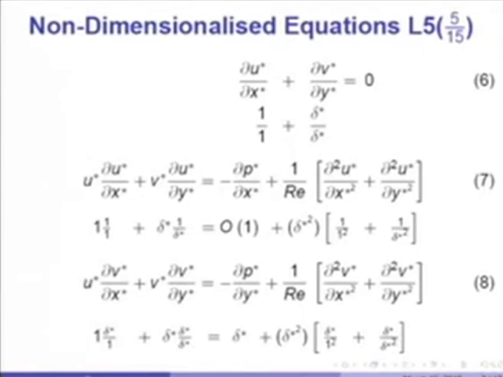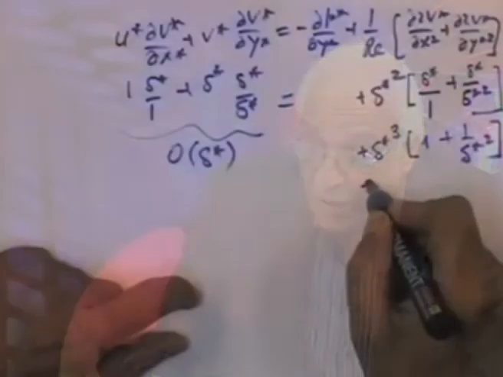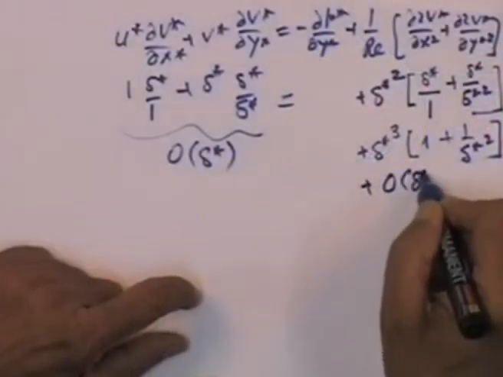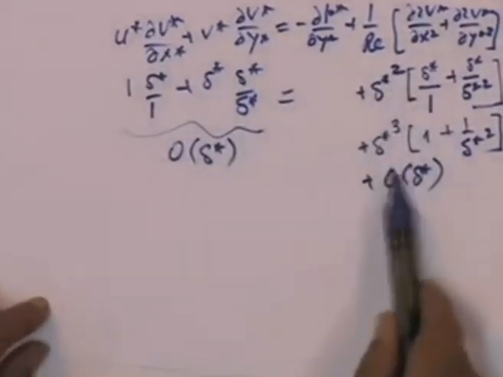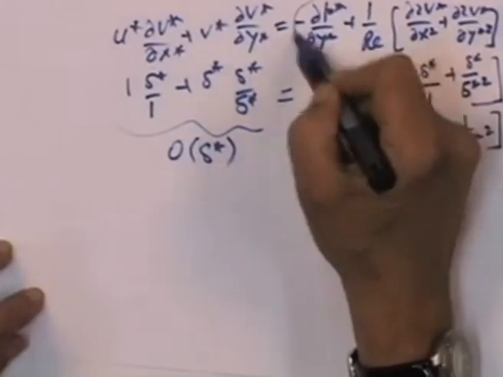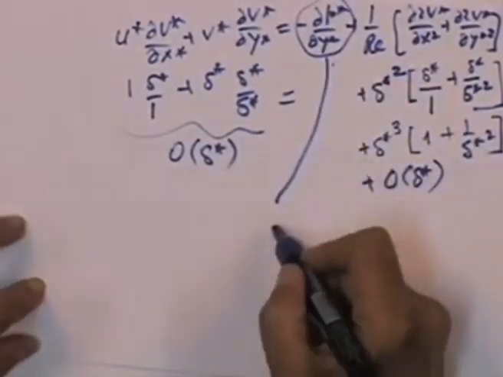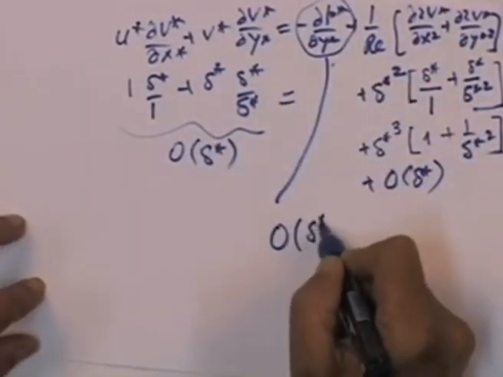But the total term again is of order delta star. So, each term in this equation is of order delta square, and therefore, dp star by dy star will be of order delta star square.